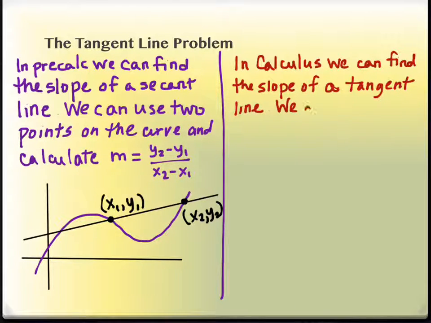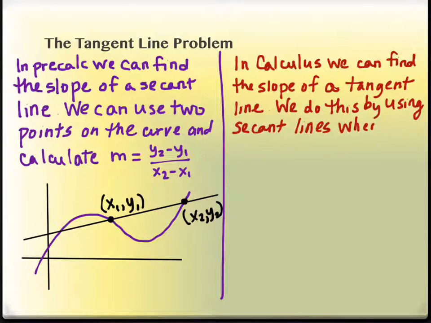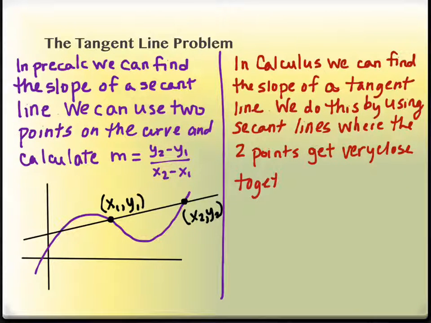We do this, or we can approximate this, by using secant lines where the 2 points get very close together. Okay, so what does that look like?